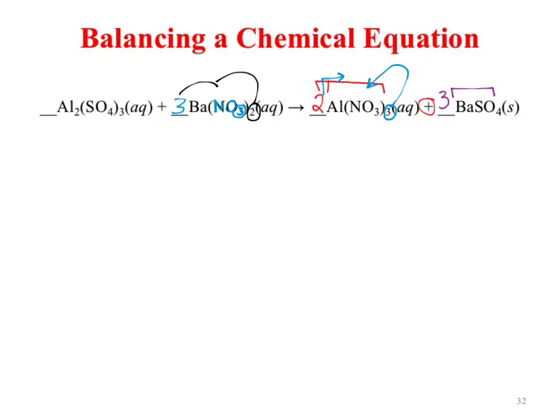I did hear a question or a statement that we should put a 1 in front of the aluminum. We don't have to. And it's really going to come down to the question asked. If I ask you for the coefficient in front of aluminum nitrate, what is it? It's 2, because aluminum nitrate is over here. Do I care about a 1 in front of the aluminum sulfate?